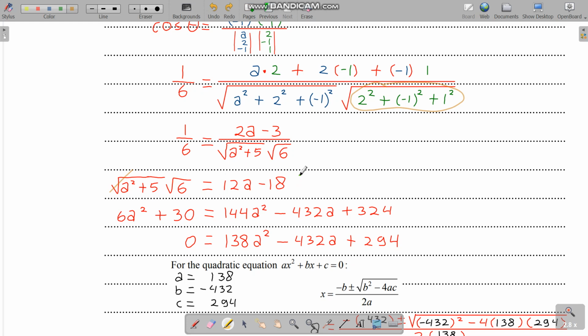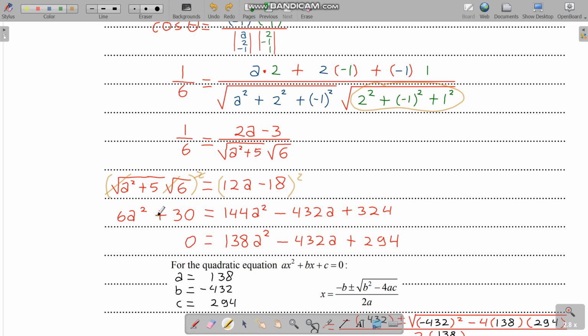So 6 times a squared, 6a squared, 5 times 6, 30. After we square this, so again the process is to square both sides. We cancel out the square roots on the left. So when we square this, we get 144a squared minus 2 times 12a times minus 18, which is this. Use your calculator. And minus 18 squared is plus 324.